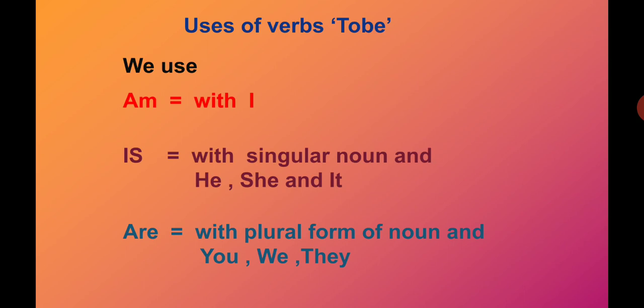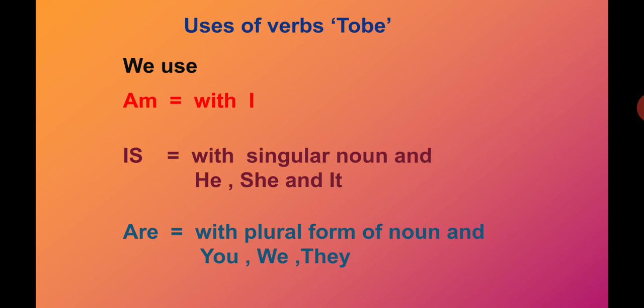So we always use am with I, is with singular form of the noun and pronoun. And what are the singular pronouns? He, she and it. And are with plural form of noun and you, we and they. They are the plural form of pronoun also. So with this chart we will understand where we use am, is and are.